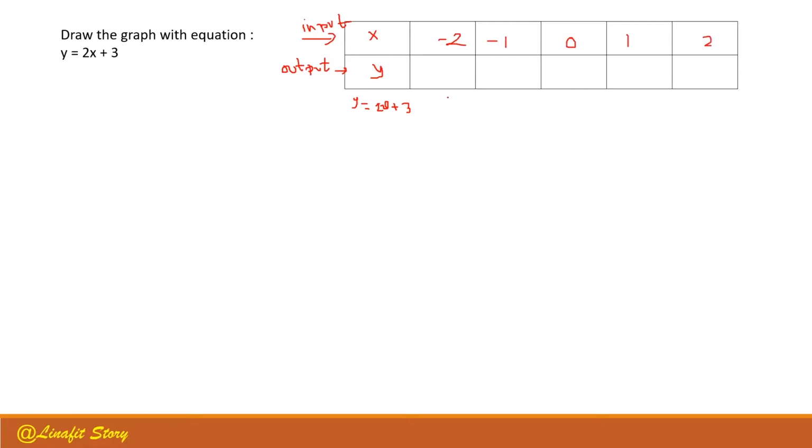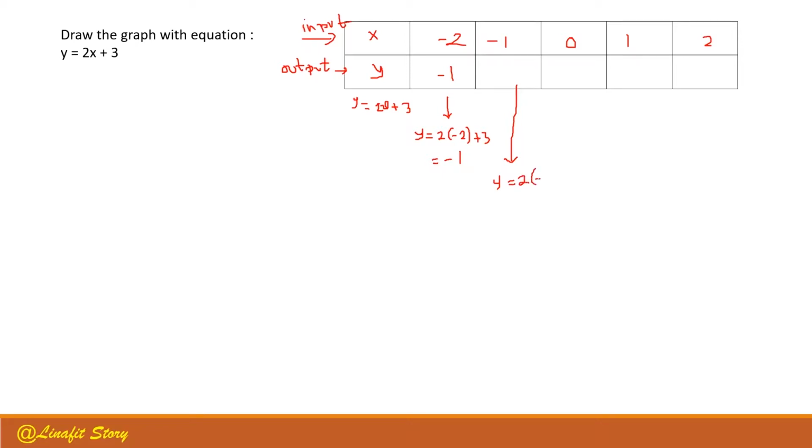If x is negative 2, find y. Y is 2x plus 3. So 2 times negative 2 plus 3. Negative 4 plus 3 is negative 1. If x is negative 1, y is 2x plus 3.